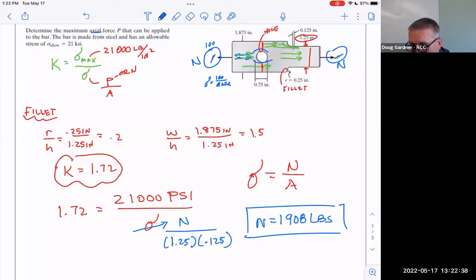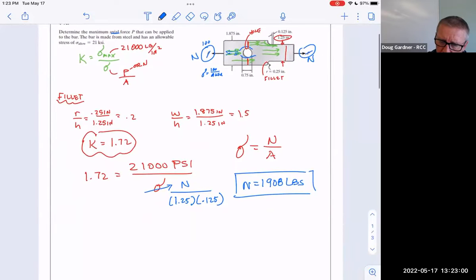Now, the question is, if we kept it at 1,900, would it not break? Well, we don't know what's happening at the hole yet, right? 1,900 could break at the hole. So we're not really sure if this is the right answer yet, but if all there was was a fillet, it'd be the right answer. So now you as an engineer can place a limit on it and say, okay, don't go over this and you're fine, right?